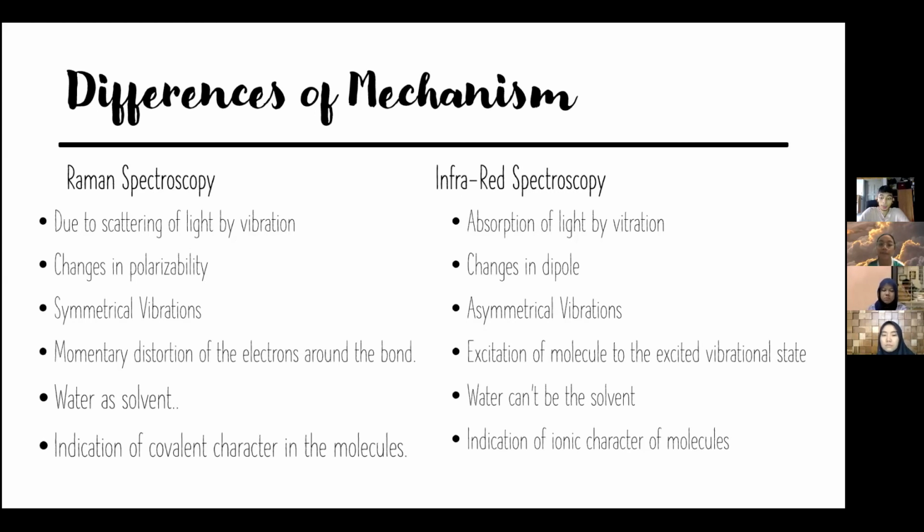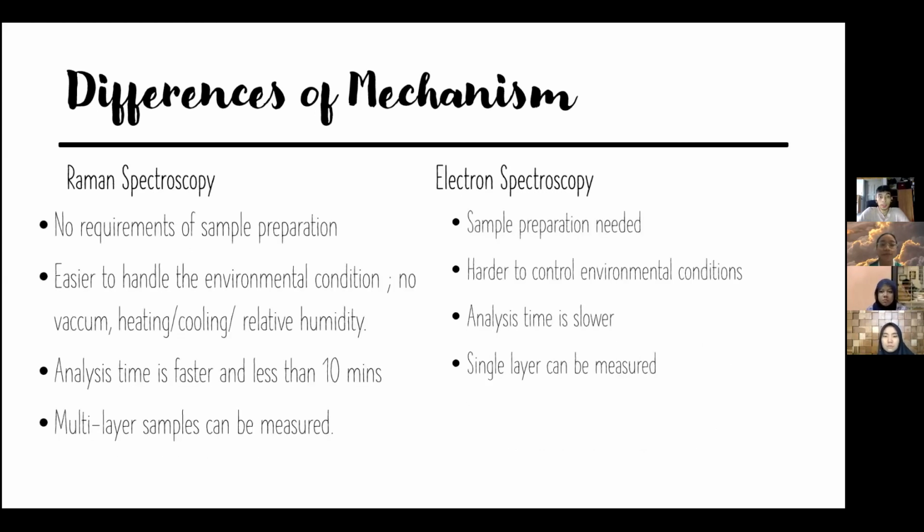Next we're going to compare Raman spectroscopy and electron spectroscopy. In Raman spectroscopy, there is no requirement of sample preparation, while electron spectroscopy does. To compare which is better and easier to handle, Raman spectroscopy takes it, because it is easier to handle the environment conditions, where there is no heat, vacuum or relative humidity concern, while electron spectroscopy is harder to control those conditions.